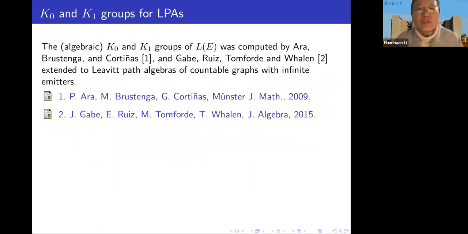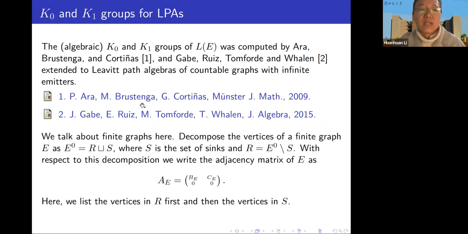So actually the K0 and K1 groups for Leavitt path algebras were first computed by Ara, Brustenga, and Cortiñas. And then Ara, Rangaswamy, Tomforde, and Wolbert extended this to the Leavitt path algebras of countable graphs. In that case, they can have infinite vertices.